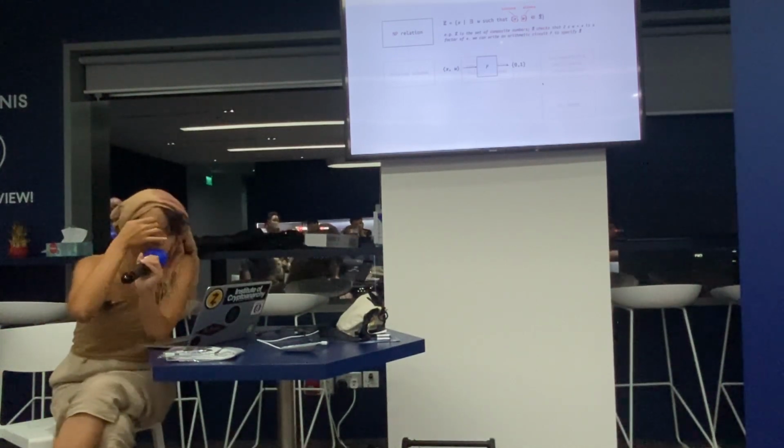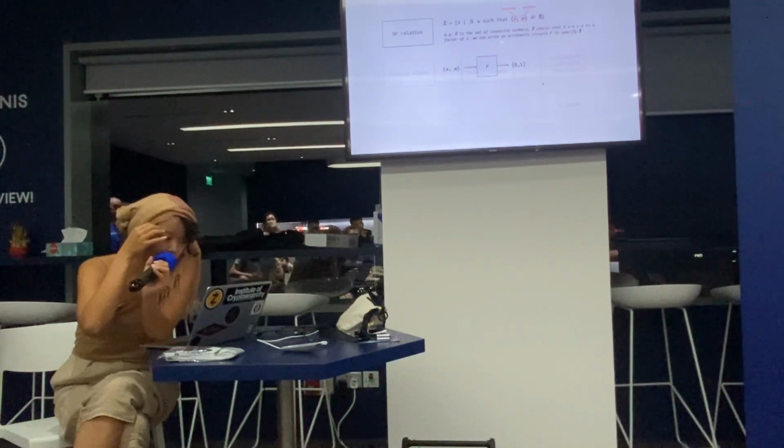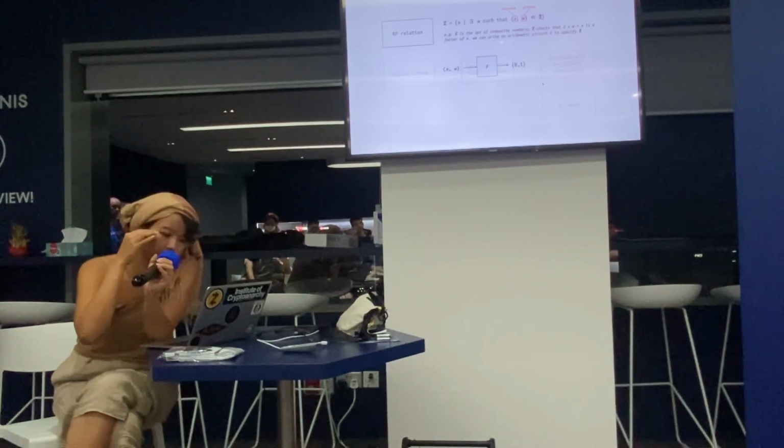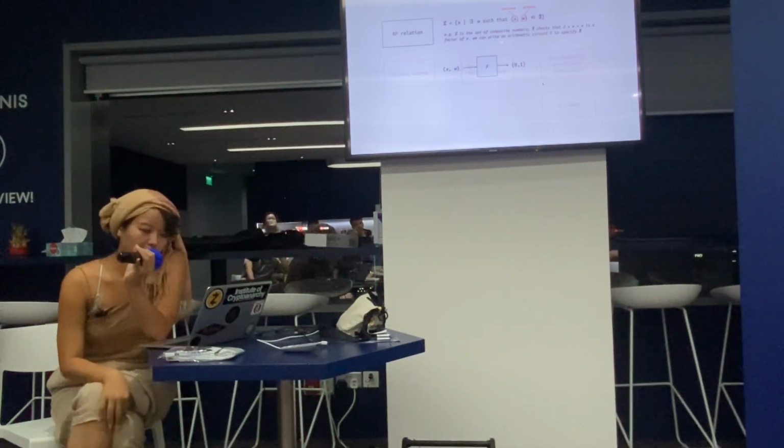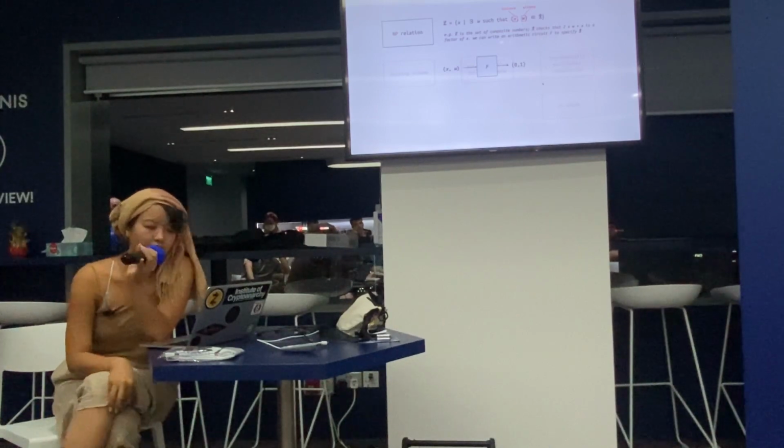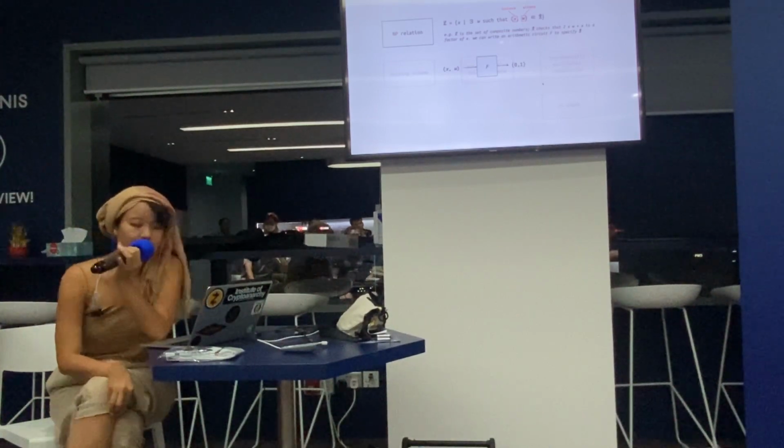Our relation R would check that there's some witness W that is a factor of X. So X is a composite number.